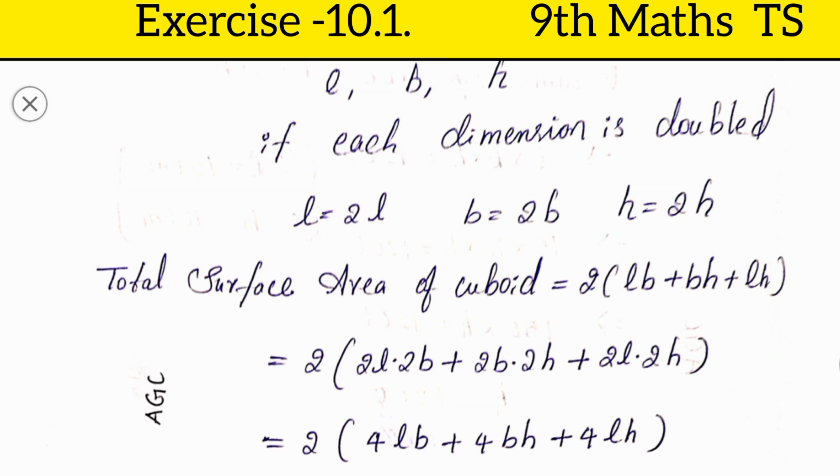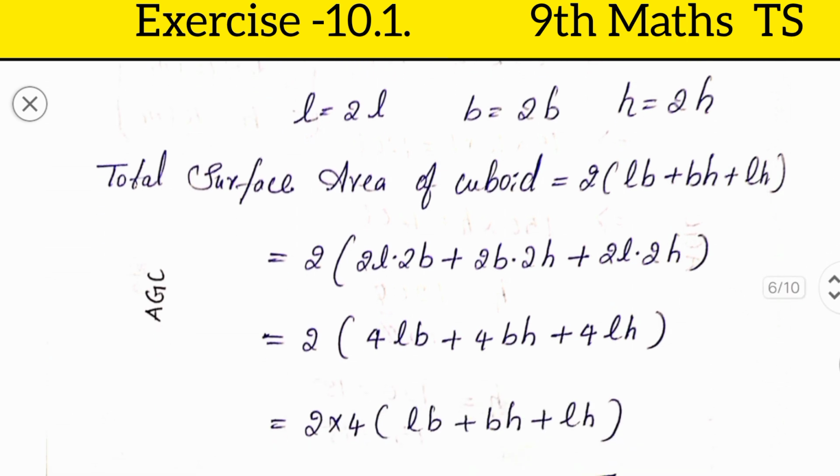So 2 of, the L value becomes 2 times the length, right? 2L into the B value, which is 2 times the breadth, 2B, plus the next one, B value is 2B and H value is 2H, plus the L value is 2L and H value is 2H.